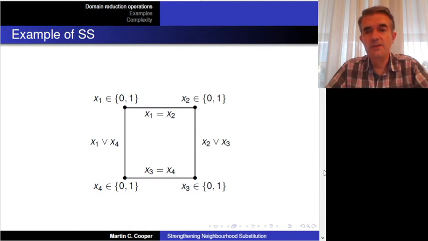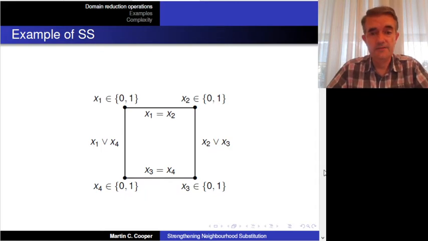Now, just to see the power of this new operation, snake substitution, this is a very simple instance where we have 4 variables with Boolean domains and we have 4 binary constraints. Now, neighbourhood substitution and arc consistency can't delete any values.